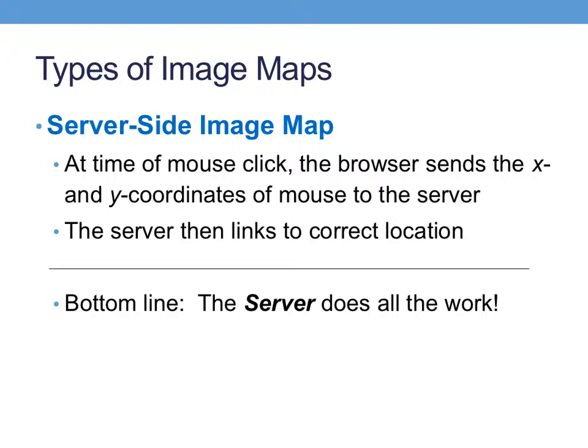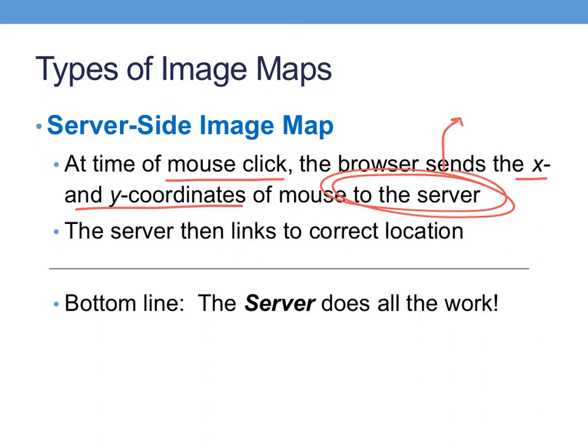To give you a picture of what happens, when that server-side image map has something clicked on, when the mouse clicks, the browser figures out and sends the XY coordinates to the server, because remember, the image map is created by the server. It's saved on the server. It can only be accessed on the server.